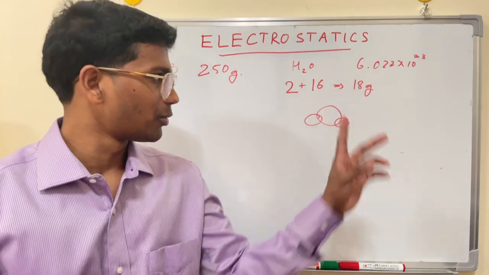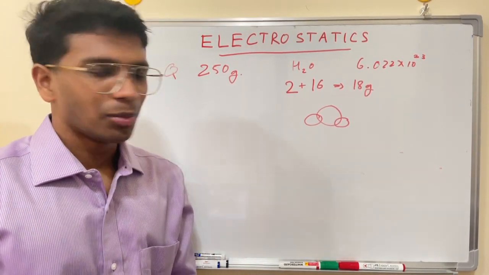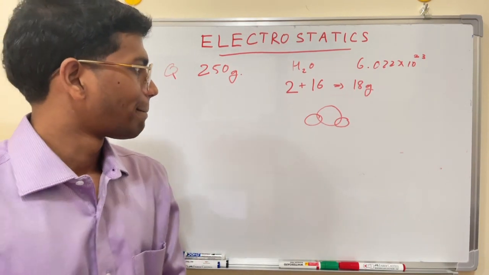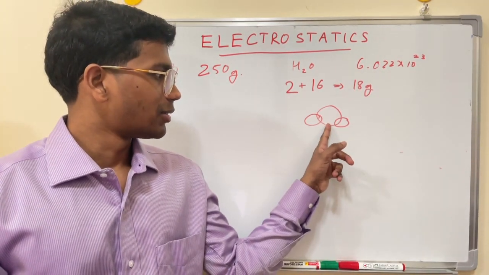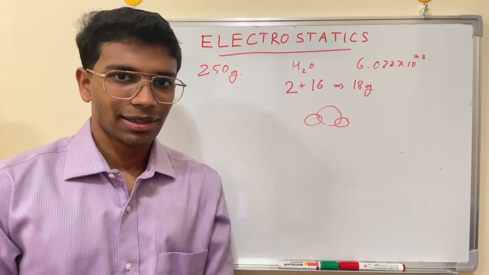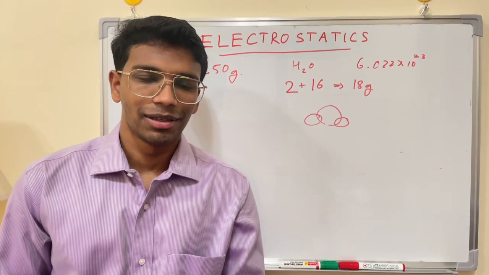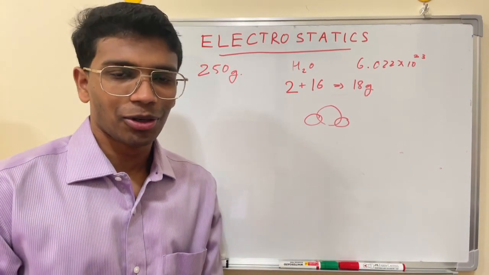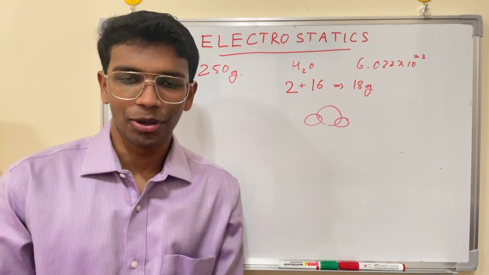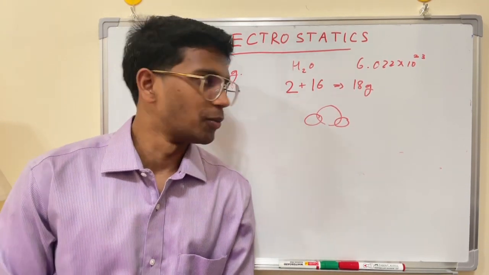The way to find out that it's 18 grams is in chemistry. I won't be explaining that, but to give you a basic idea, it's like the atomic mass of this is 18 units. So 1 mole of this would have 18 grams, right? So if the weight of a molecule is X atomic units, the weight of 1 mole of that molecule is X grams, right? I'm just going to go with that.